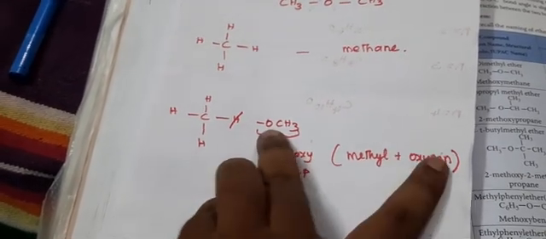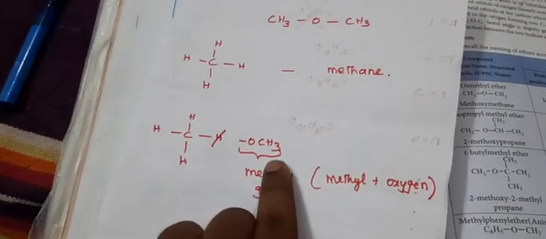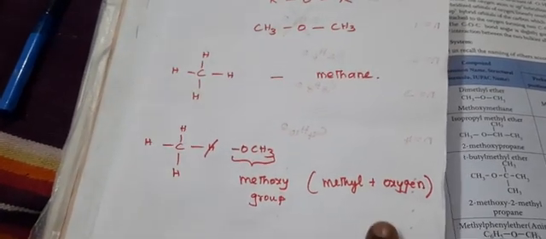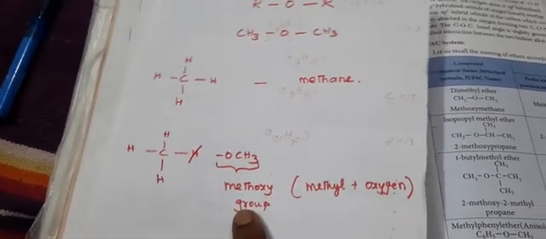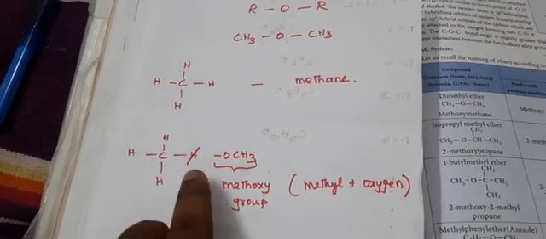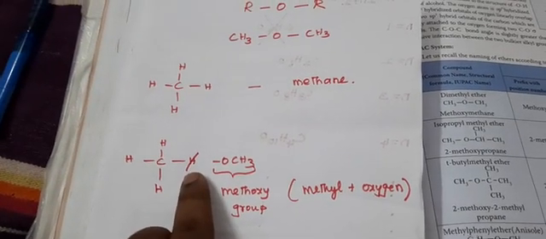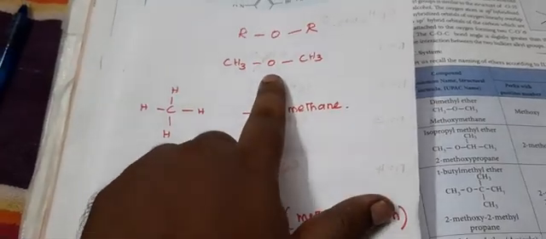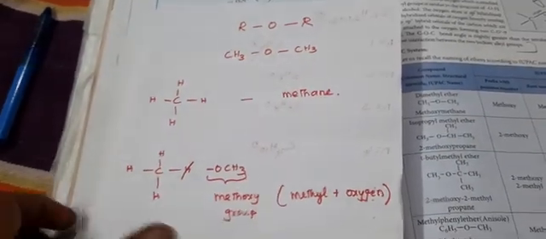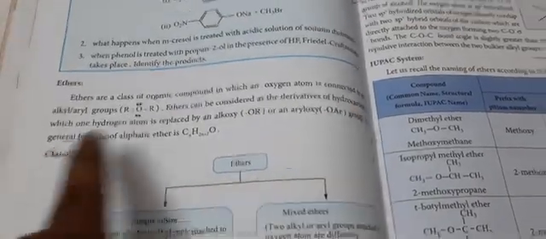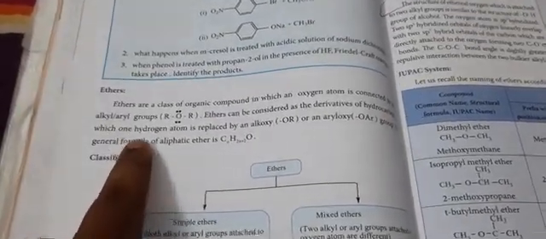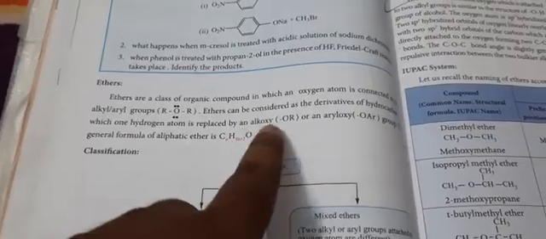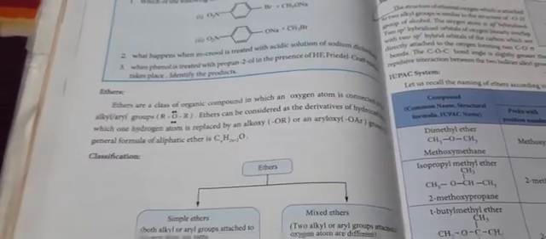O means oxygen, CH3 means methyl, so methyl plus oxygen means methoxy group. Here hydrogen is replaced by methoxy group, so you will get ether.